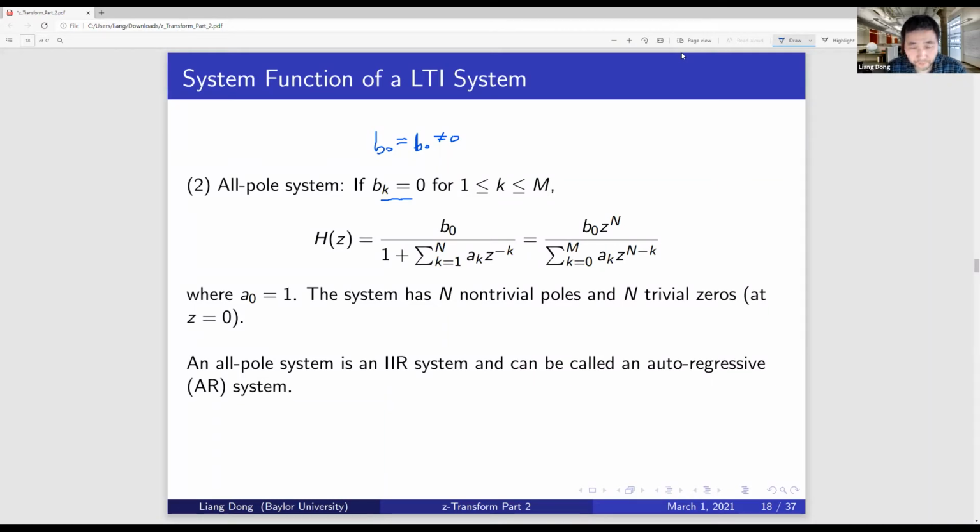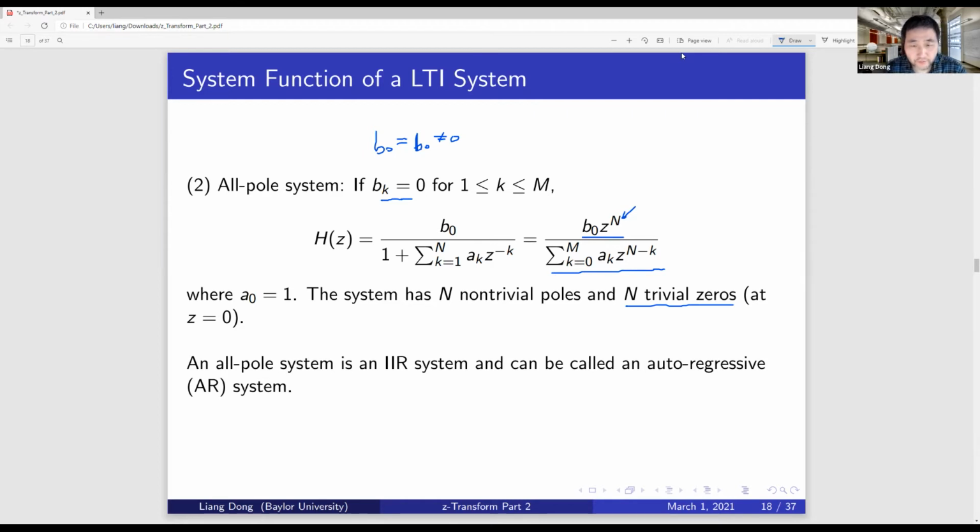So we have that with all these parameters a's. For this system, you can also write it as a function of z. If you write it in this format, you find I have exactly the same number of zeros and poles. But in this case, I have n trivial zeros, meaning that all these zeros are at z equal to 0.